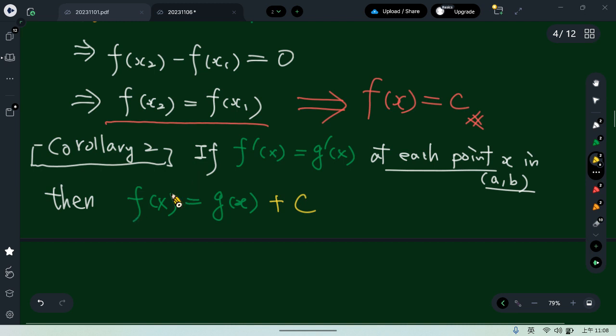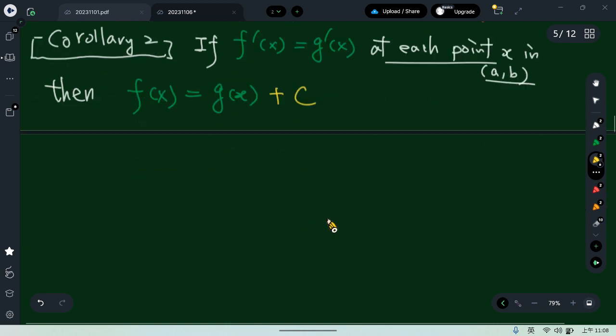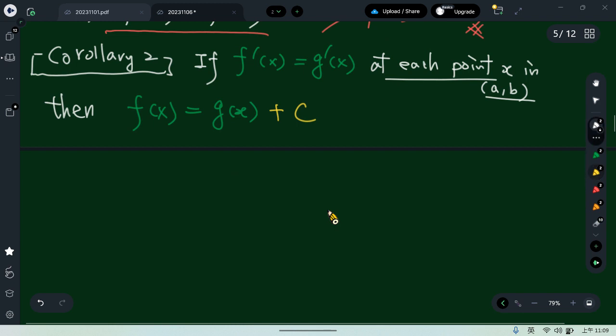Then we can know its original function. You can see this is f prime x, this is g prime x. So its original f of x and its original g of x, the only difference is one constant. Okay, so then I will show you how to prove it.